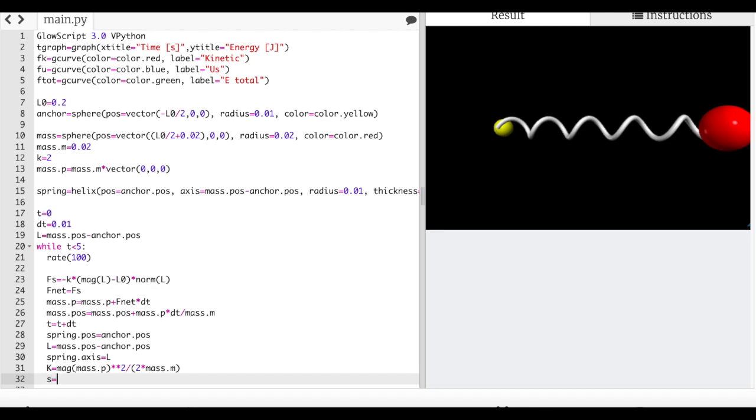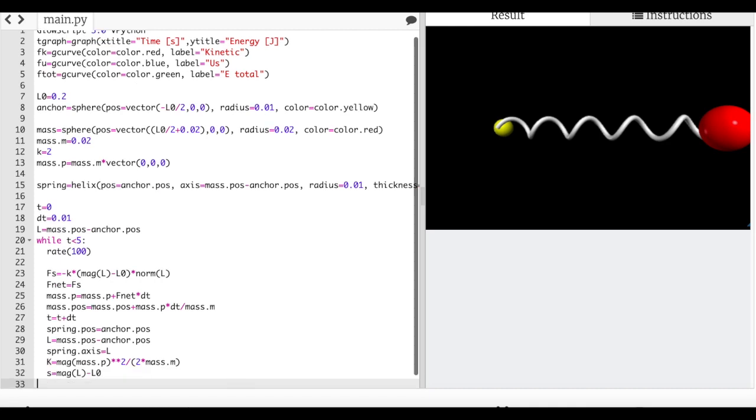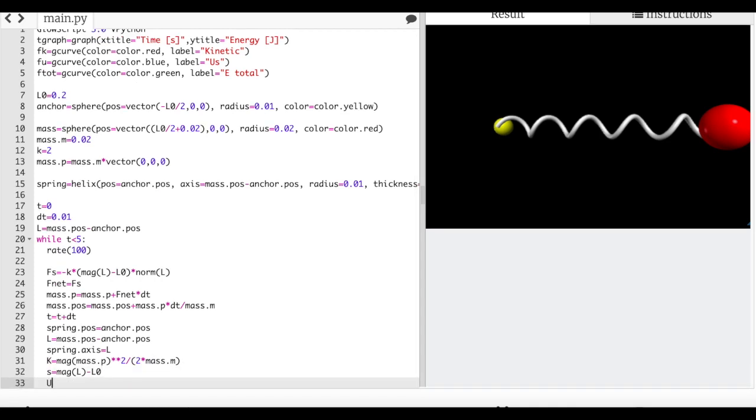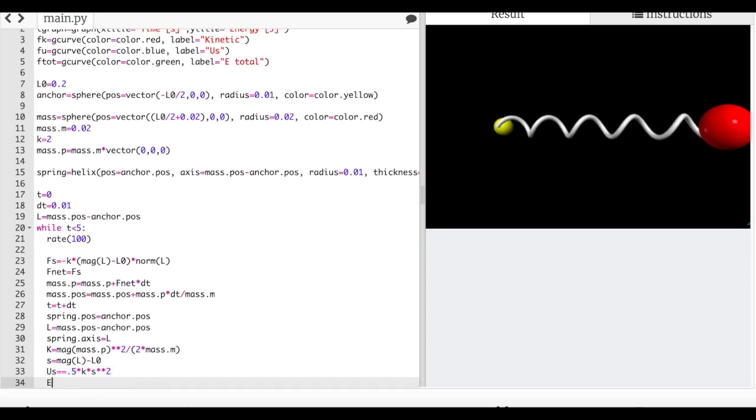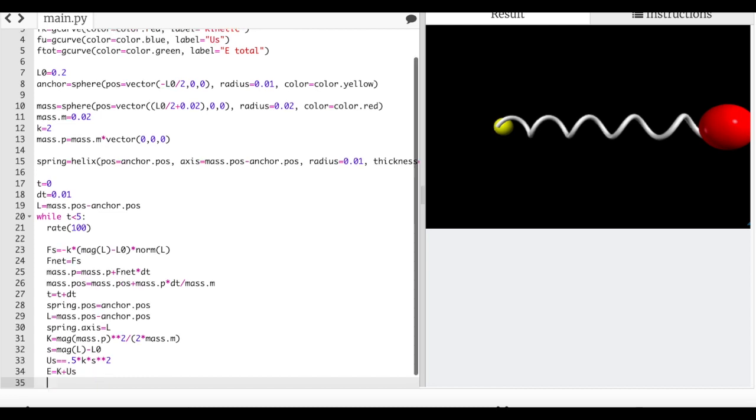Let's just do that. s equals mag(L) minus L0. Now I can say Us equals 0.5 times k times s squared. And then E equals K plus Us. Now I can plot these.